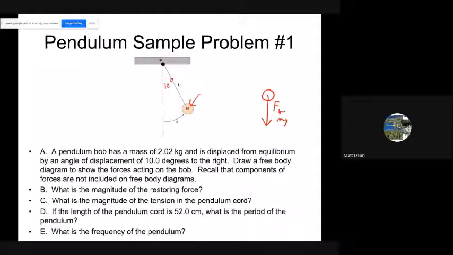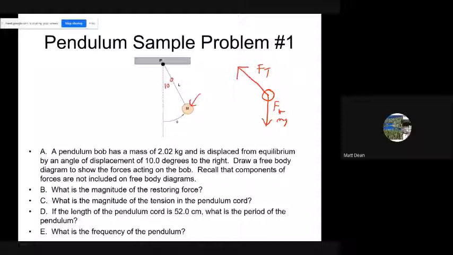Any of those would work. The only other force acting on this bob is the tension force, acting along the string. Let's notate that as F of T, force of tension.